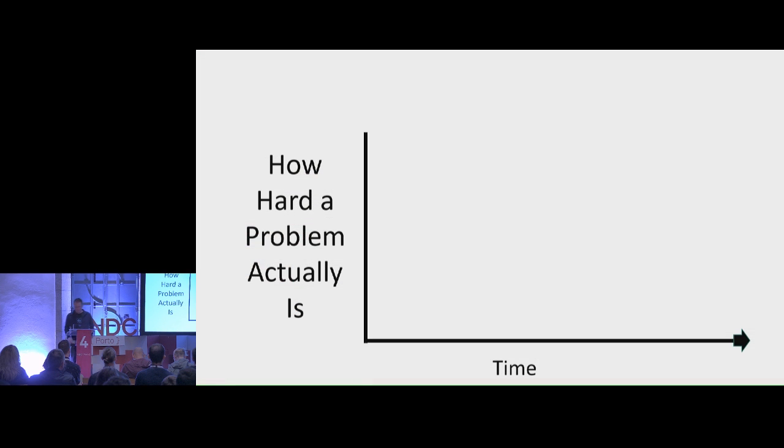After a while, you start to realize that the problems you're facing kind of follow a curve. And in this example, you might have some initial qualms with what business logic you're trying to worry about, right? And so how hard the problem actually is kind of follows a curve like this.